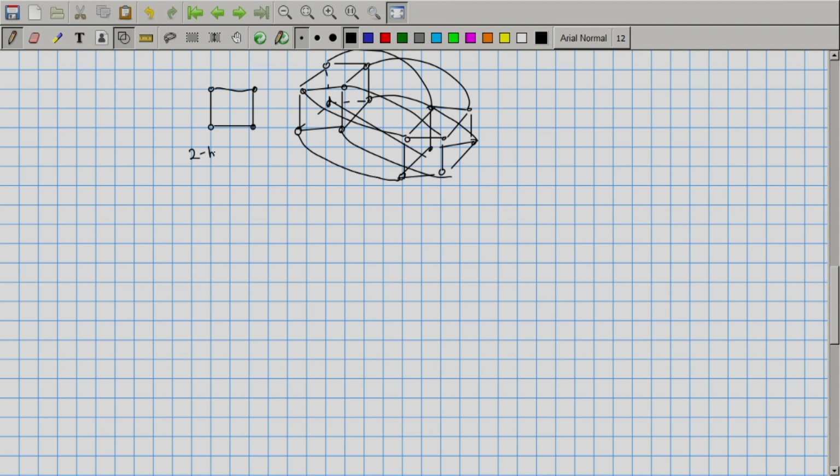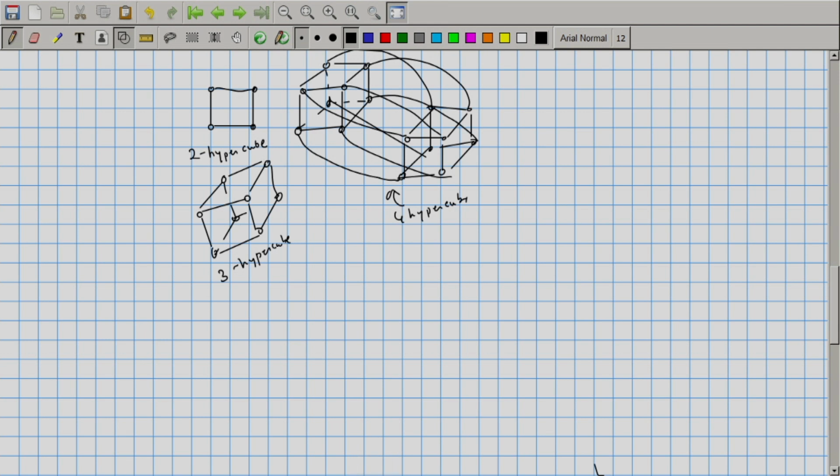So, this can be viewed as a 2 hypercube, whereas this is a 3 hypercube, and this is a 4 hypercube. So, you take 2 copies of a 4 hypercube, connect, let us say, vertices in some orderly fashion, what you will get is a 5 hypercube, and so on.